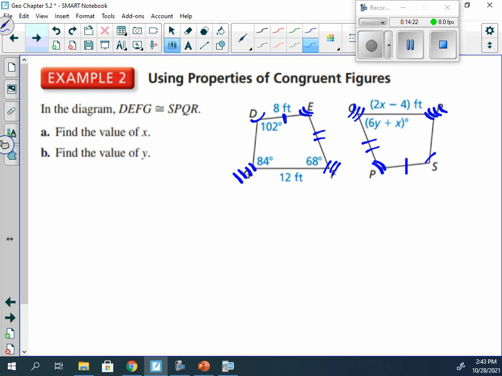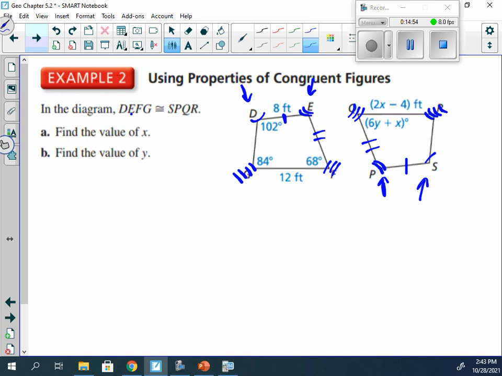So DE would match up to. Or we can also look at the angles, because these are going to match up. So 1 and 2. So we have 1 angle marker, 2 angle markers. Here, 1 and 2. So the line segment between them will be the same as well. As the line segment from S to P will match up to D to E.